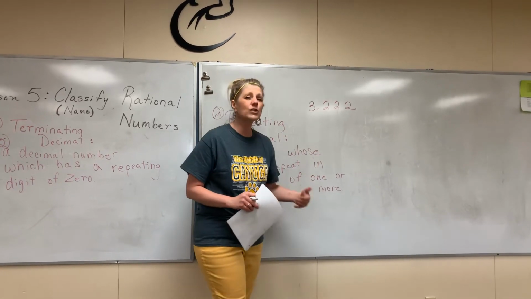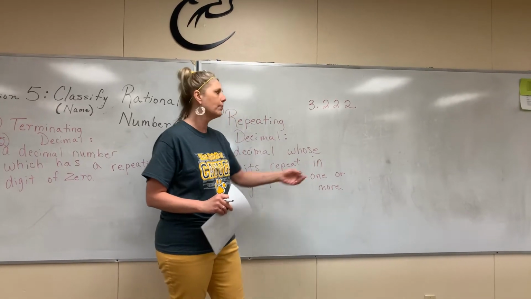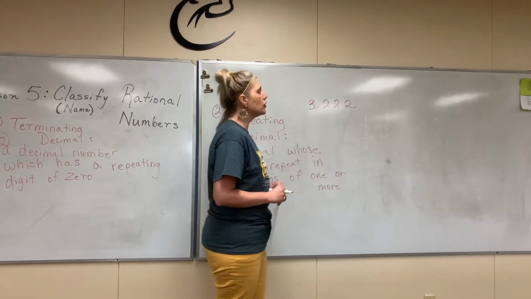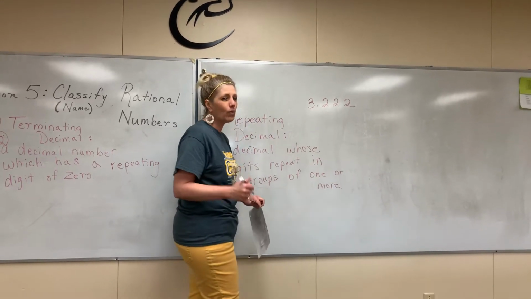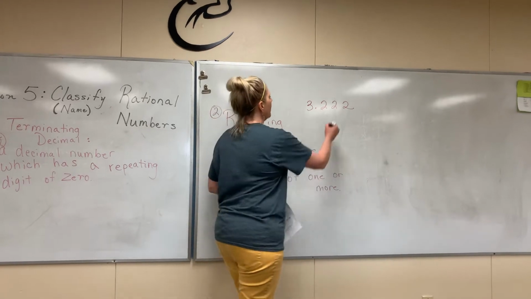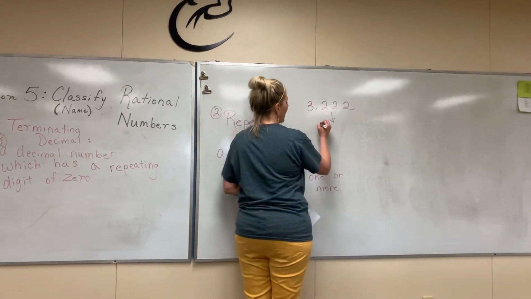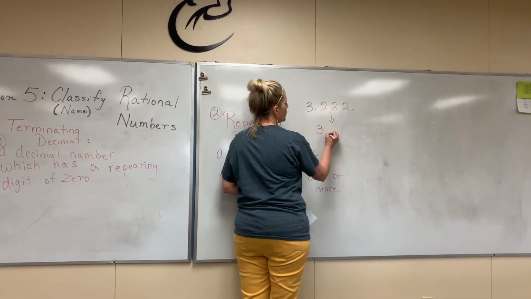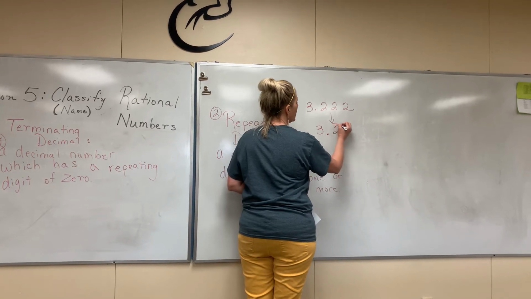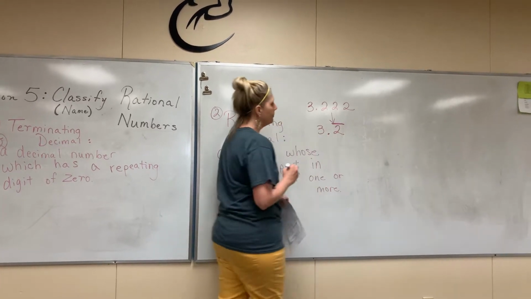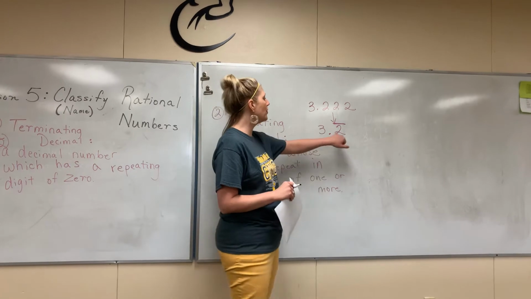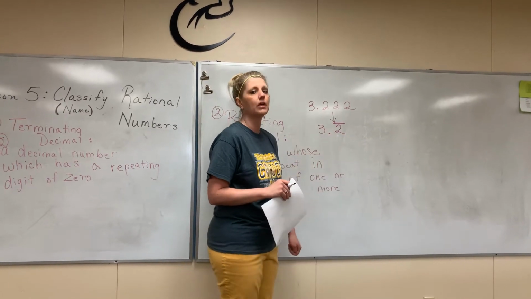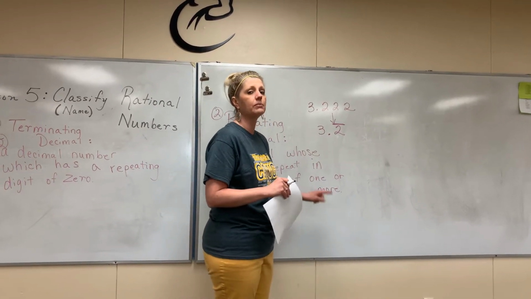Okay? Well, what is repeating in that decimal number is the 2. So the way you're supposed to write that as a final answer is you would make it look like this. You would say, all right, it's 3.2, and you would put a bar on the top, and that tells you that the 2 just keeps going and keeps going and keeps going.